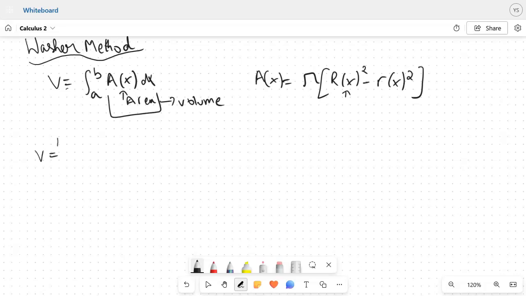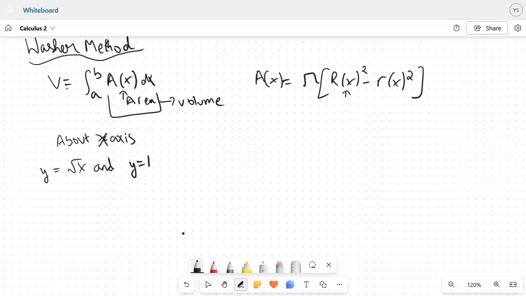So now let's say we are rotating about the x-axis, and we've been given that y equals square root of x, and they're asking us to rotate around y equals 1.